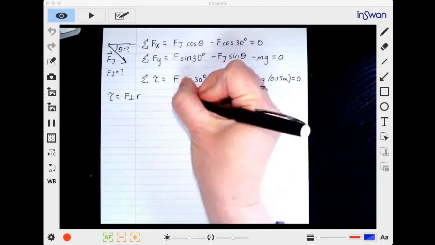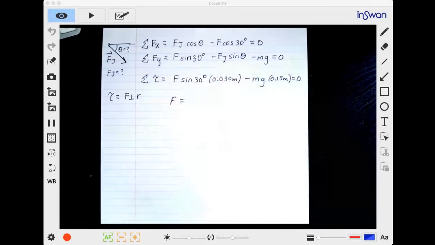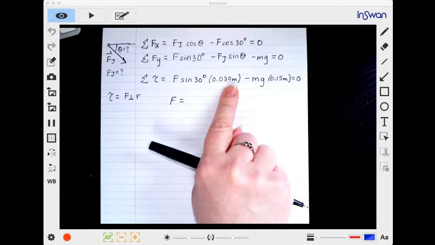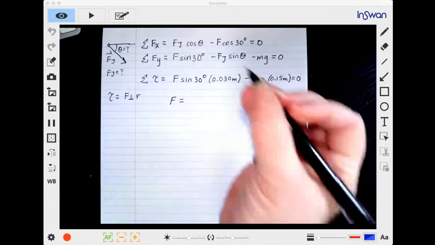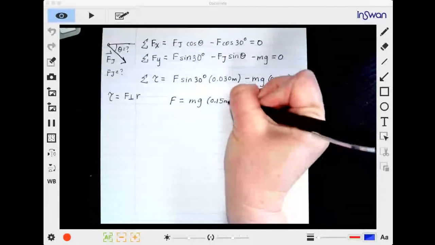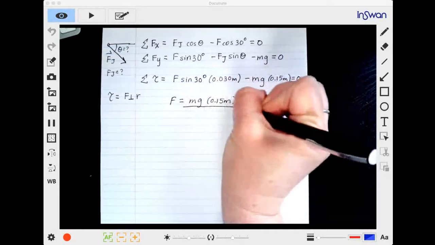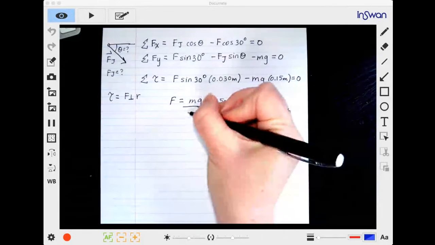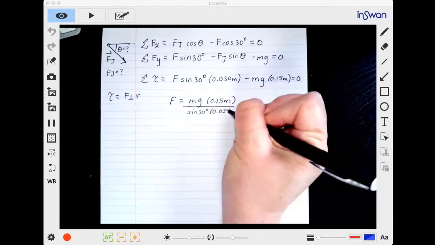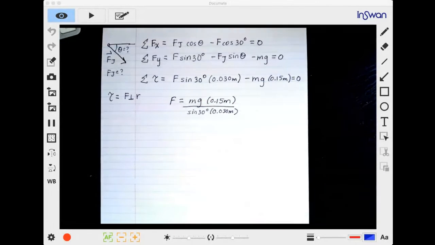We put this on the other side of the equation and divide by sine 30 times 0.03. So we just have mg times 0.15 meters over sine 30 times 0.030 meters.